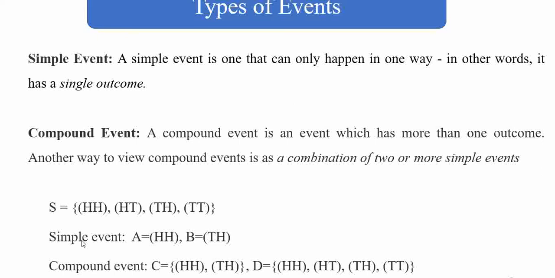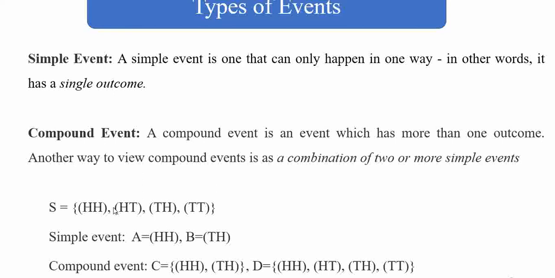As we can see in the definition, a simple event has a single outcome. So you can take any single outcome of this experiment and say this is a simple event. Like A is a simple event which has a single outcome, B is a simple event which has a single outcome. Now a compound event has more than one outcome.